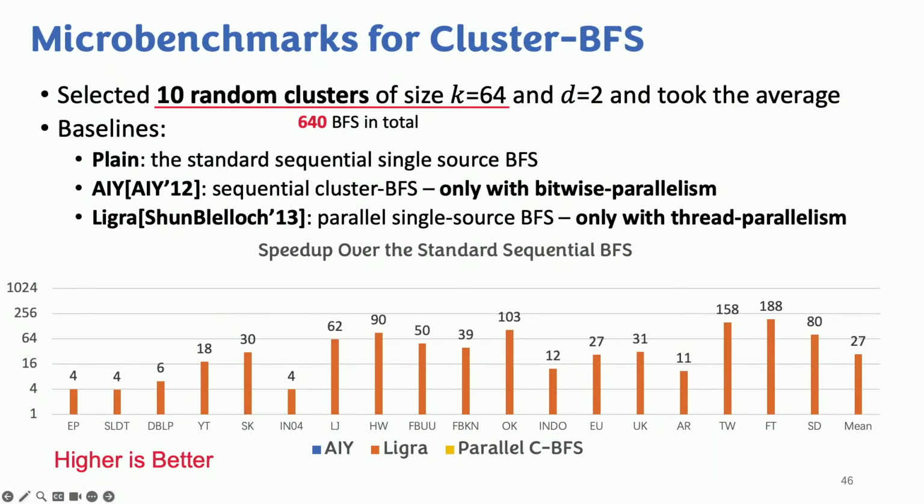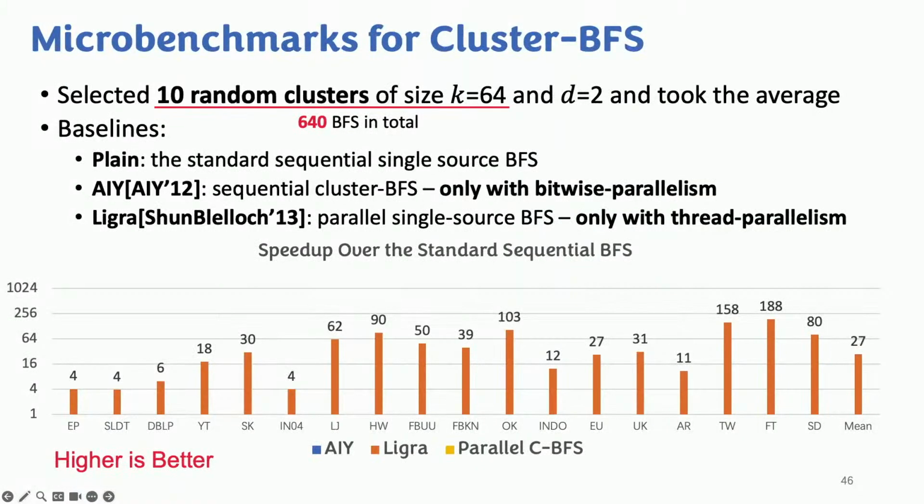Ligra is a parallel single source BFS implementation. We tested 640 BFS, each one in parallel, but one by one. We can see the speed up ranges from 4 on the very small graphs to more than 188. Note that the machine only has 96 cores.